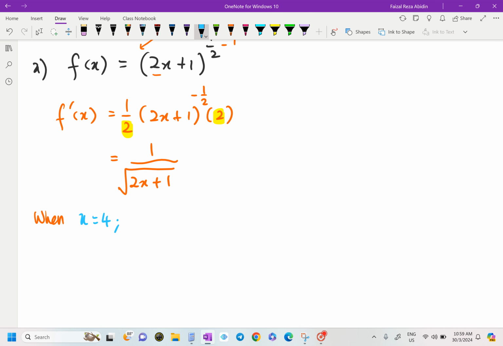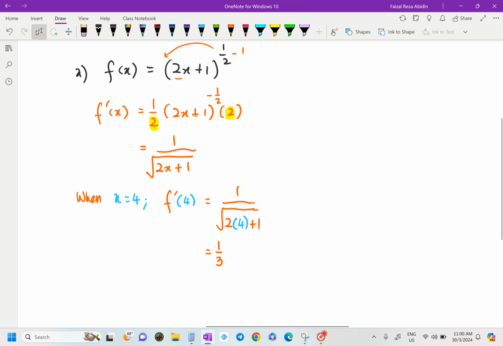We copy back the square root of 2 times 4 plus 1. If you're using your calculator, you're going to get 1 over the square root of 9, so that means you are going to get 1 over 3 as the gradient when x is 4.